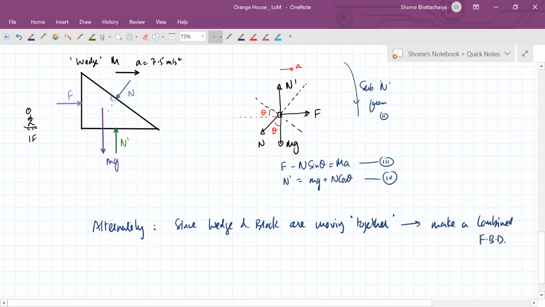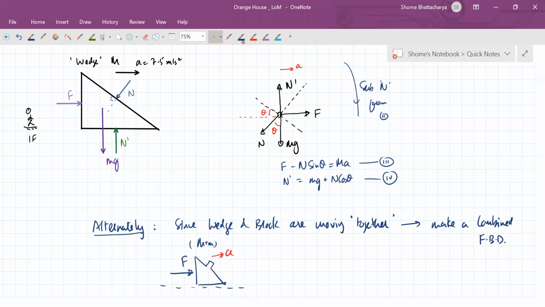Okay. And from that you calculate the value of F. So this is the alternate option. So what we do is we make the free body diagram of the block plus the wedge as a combined body of m plus M, on which we are applying this force F, and that is moving with the acceleration a. So work out from this now how much you will get the value of F. This is much easier.